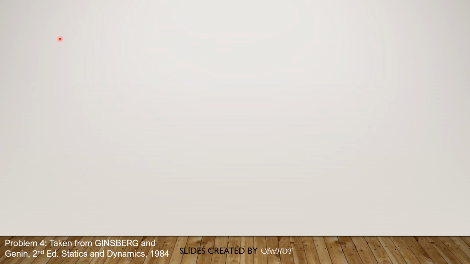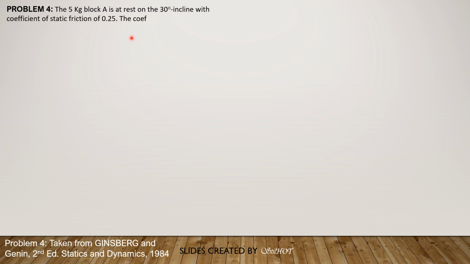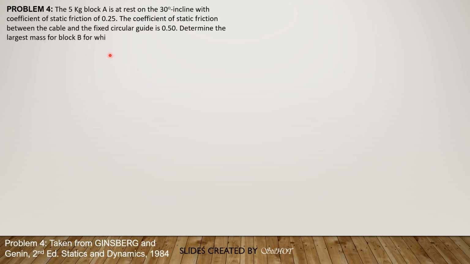So finally, we have problem 4. The 5 kilogram block A is at rest on the 30-degree incline with coefficient of static friction of 0.25. The coefficient of static friction between the cable and the fixed circular guide is 0.5. So determine the largest mass for block B for which the system is in static equilibrium.